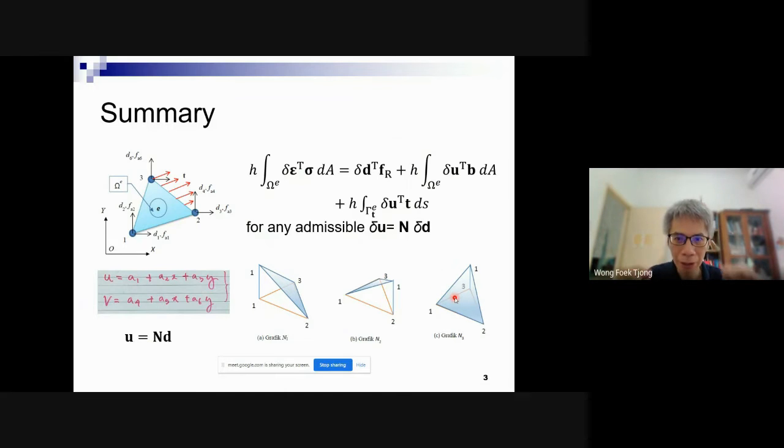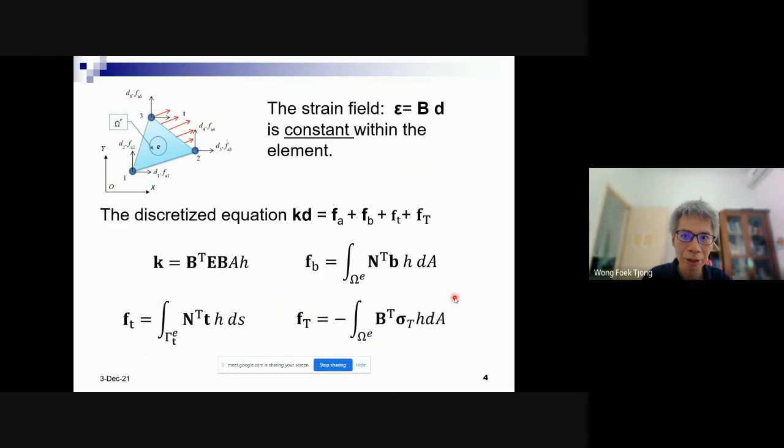This is the core of our formulations. Based on this, we express the strain in terms of the nodal displacement, and the strains here are constants. That's where the name constant strain triangle comes from.